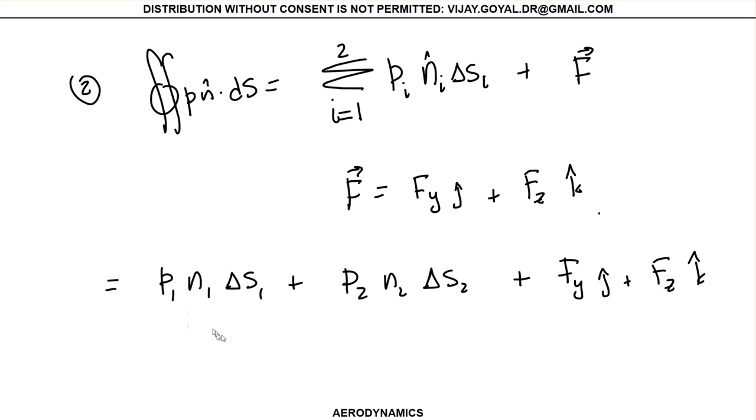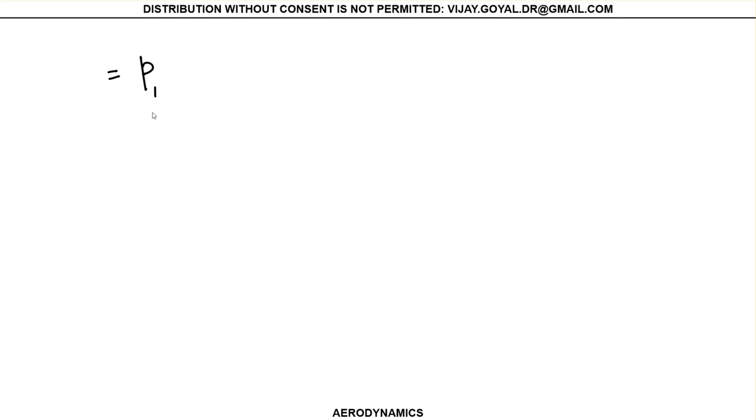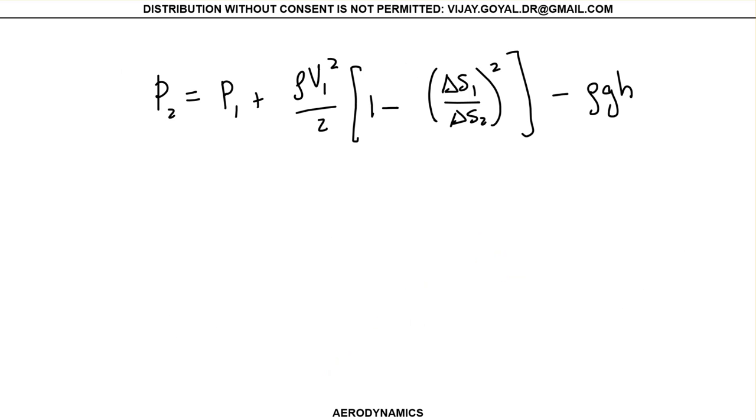We know what each one of these is, and we can replace those values in there. My P1 is known, and go back to your table. This is j, times delta S1, that's known, and P2 is given by this expression right here. So I'm going to bring all this.